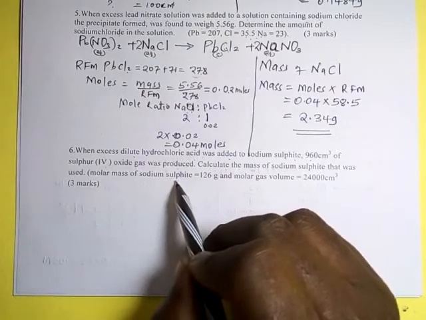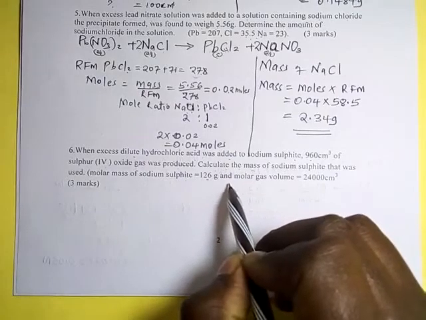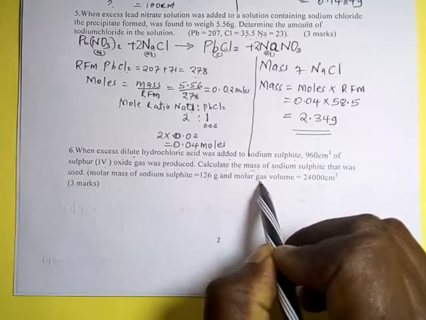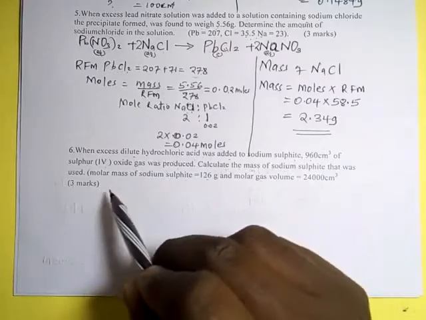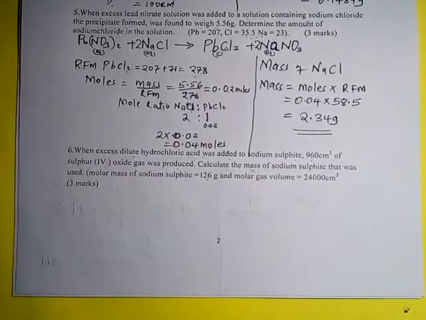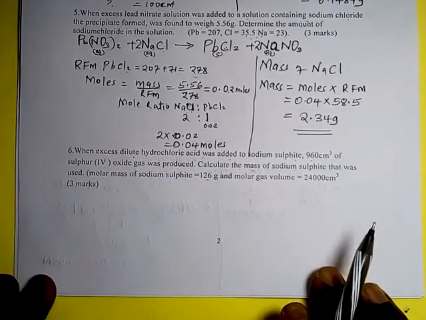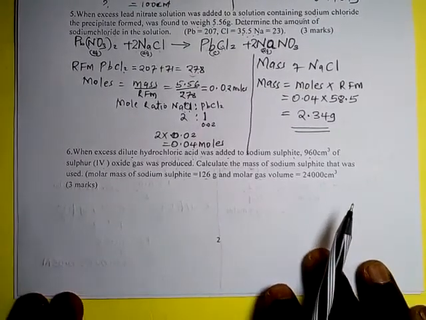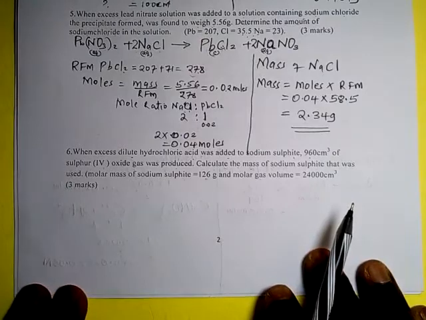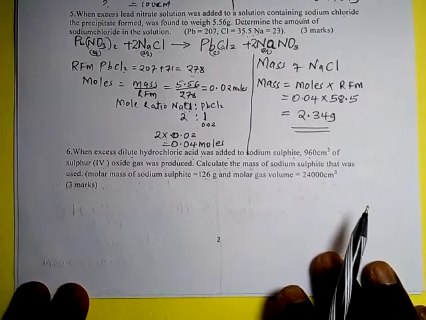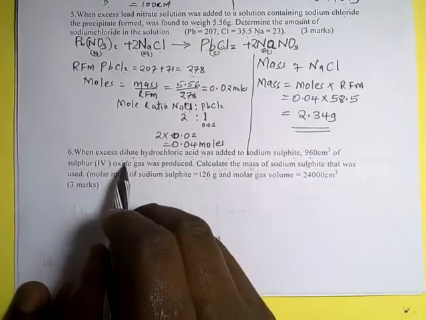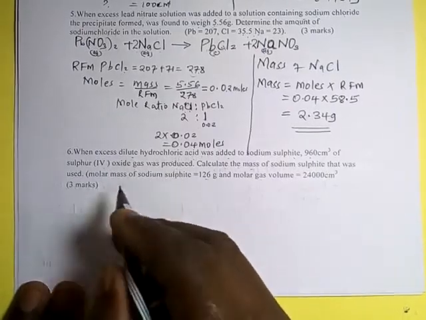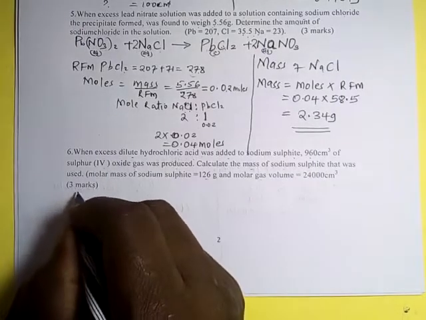The molar mass of sodium sulfite is given, and the molar gas volume is given. So first, it is important to always write equations where chemicals are reacting. Here HCl is reacting with sodium sulfite. So write the equation first.